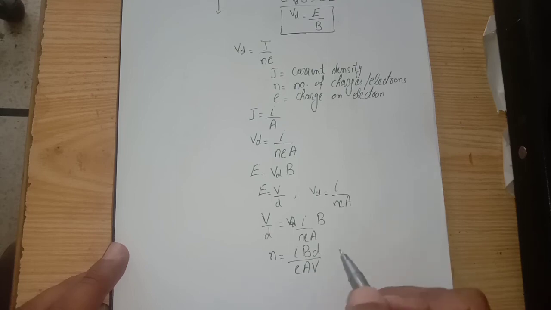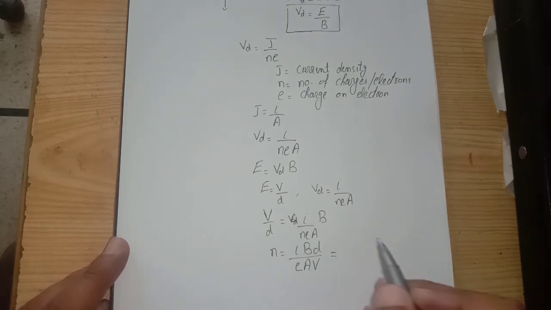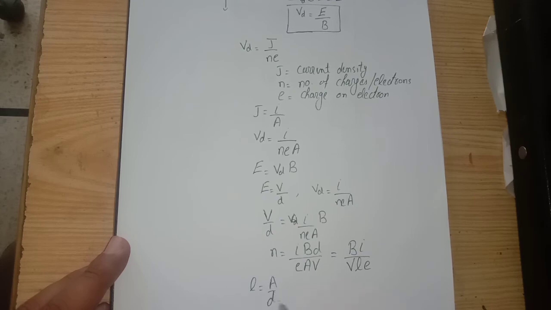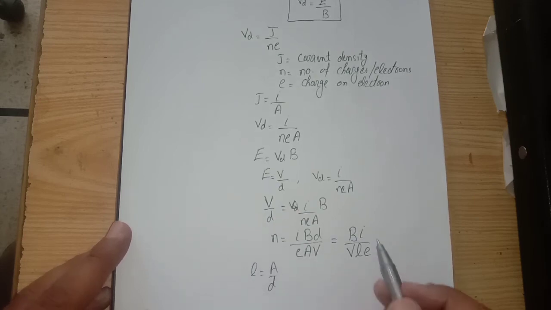This can be equal to BI over VLE, since this L is equal to A by D, that I have substituted over here to make this expression to calculate number density.